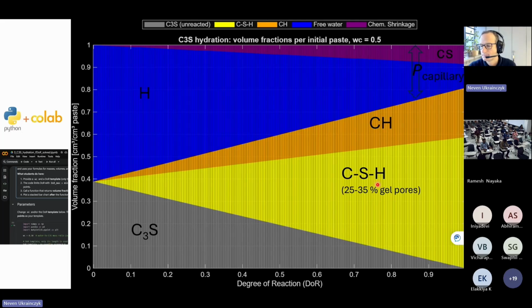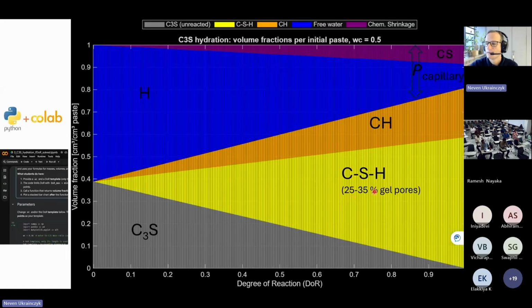So don't forget that you have 25%, this is the inner CSH, because I told you there are different types of CSH with different calcium silica ratios, but also with time you can have inner product and outer product. I will show you later in the growing shell particle model that you can have an inner shell and outer shell.